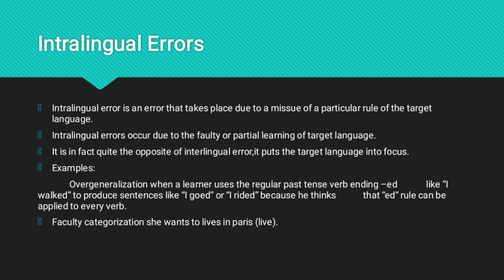Example, overgeneralization: when a learner uses the regular past tense verb ending -ed like walked, to produce sentences like I goed or I rided, because he thinks that the -ed rule can be applied to every verb. Faulty categorization: she wants to live in Paris.